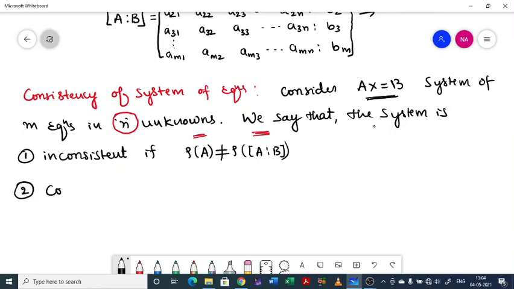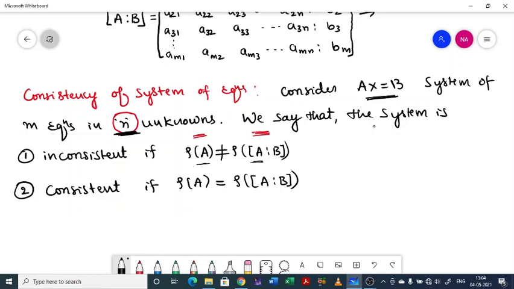It is consistent if, obviously you can guess the condition, rank of A is equal to rank of A colon B. See, still we discussed only these two parameters, rank only; we haven't brought the third one in yet. Now we will bring it.